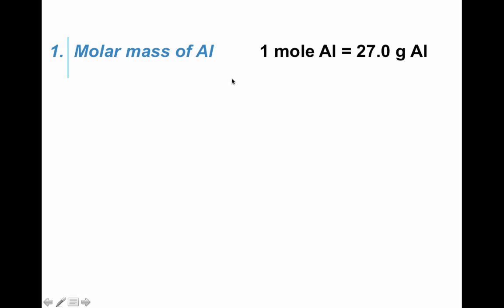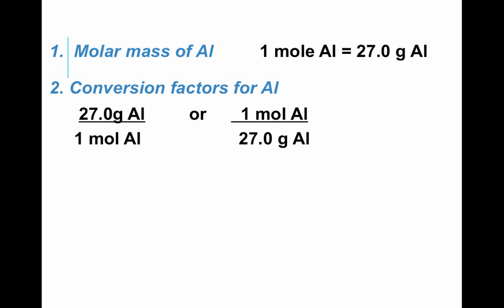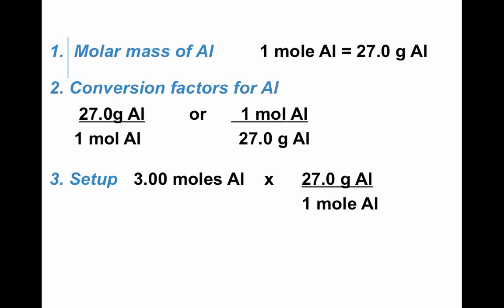I can write that 2 different ways, but when I start with my given value of 3 moles of aluminum, I'm going to want to pick the conversion equality that has grams on top, because I need moles to cancel out to give me my final answer in grams. And I get an answer of 81.0 grams of aluminum.